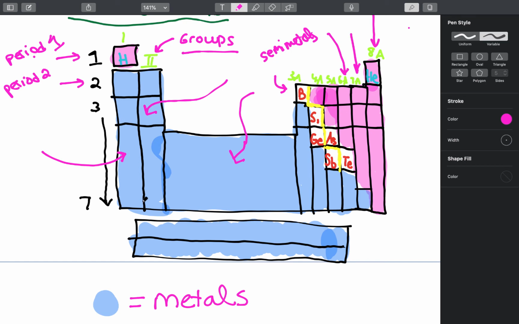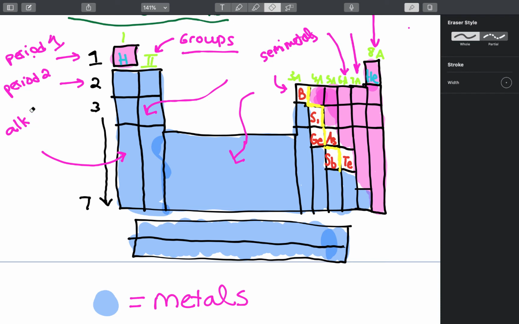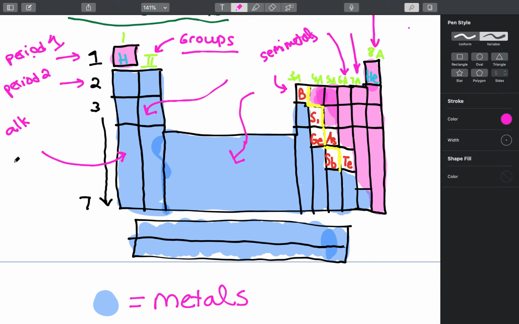So the metals in group number 1 are referred to as the alkali metals. So those are your group 1 metals.